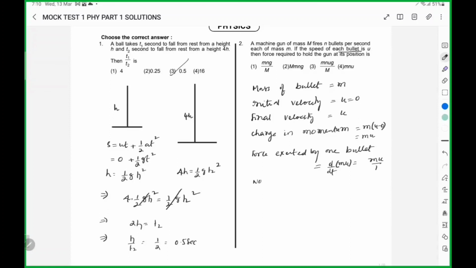The number of bullets fired in 1 second is n. So force exerted by bullets on the gun is mnu.